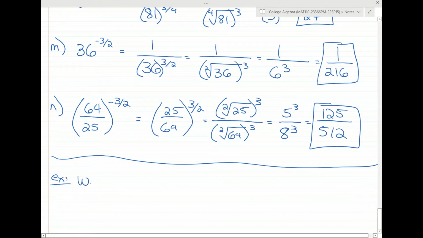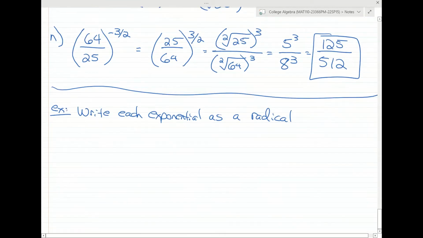What if I asked you to write each exponential as a radical? These will be a little bit easier. I'm just asking you to convert it to radical form.